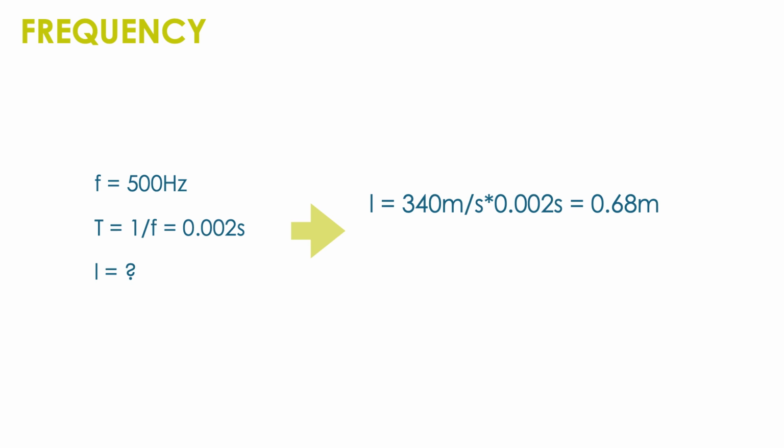This results in 0.68 meters, and we proved it. Equivalently, we can compute it using another approach: L is 340 meters per second divided by 500 Hz, which results in 0.68 meters. So we proved it again.